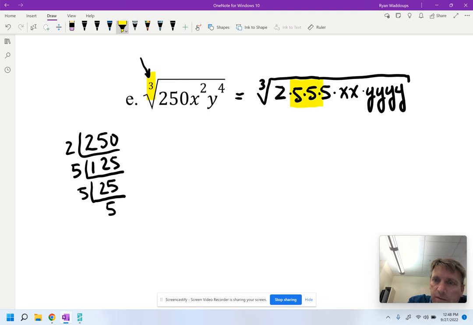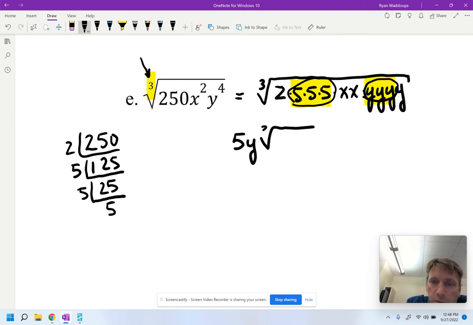And so I have 3 5s and I have 3 y's. You can just circle them. So the group of 5s is going to come out as a single 5. And the group of y's is going to come out as a single y.